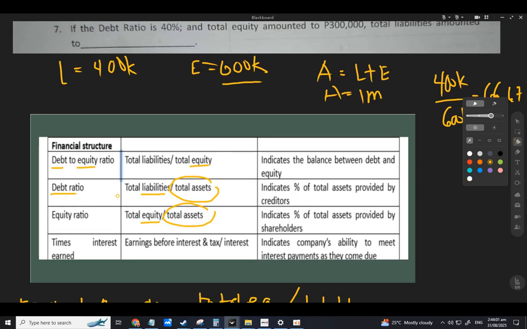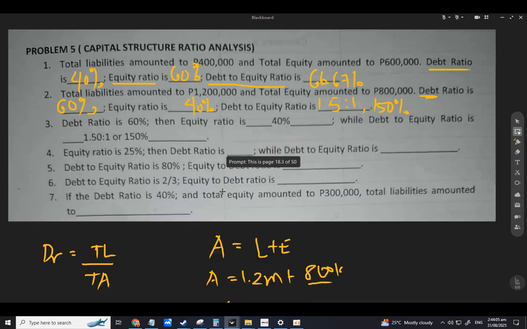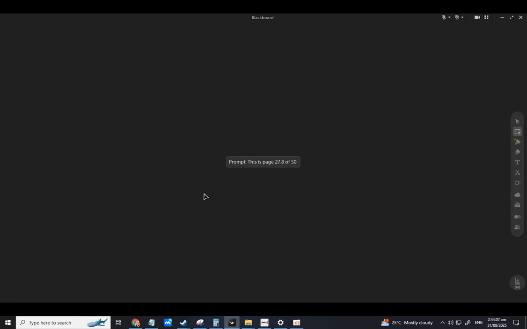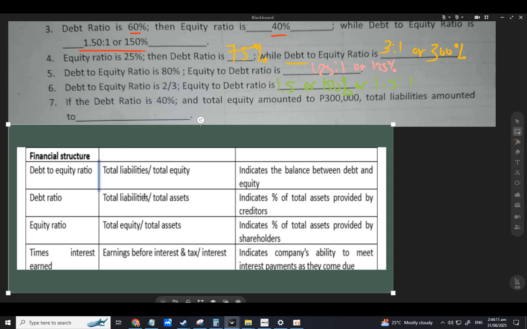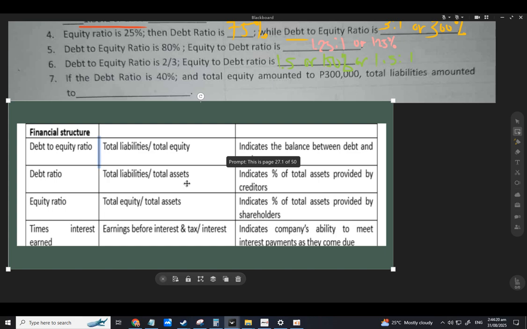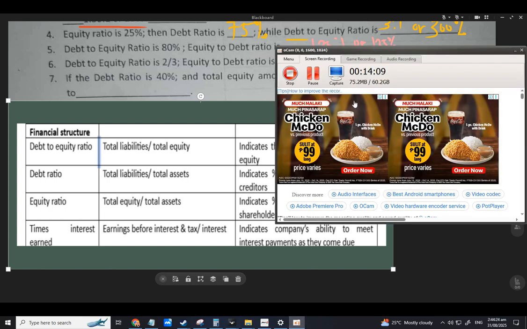Oh, here you go. Total liabilities over total assets. Total equity amounted to 300,000 and total liabilities hinahanap natin. Hindi natin alam kung magkano yung total assets.